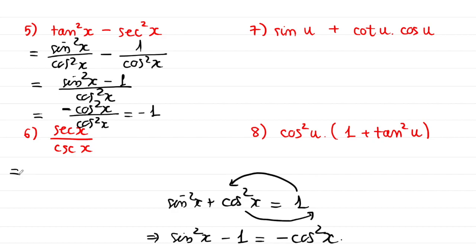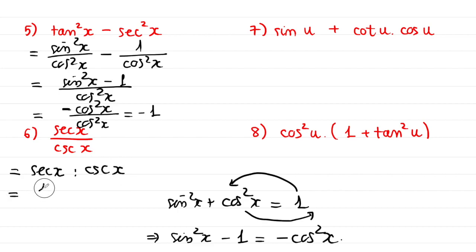Okay, question 6 is a little bit complicated, so I will transform it. I will write down this fraction in horizontal form, like sec x divided by cosec x.